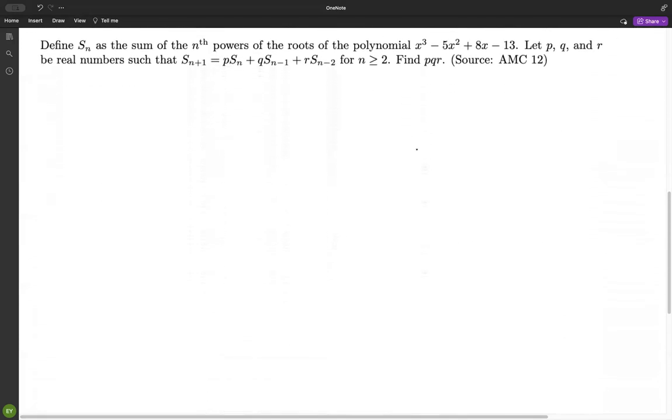The next problem is from AMC 12, and I think for this problem, it is quite important to understand the relationships between S of n and also the polynomial.